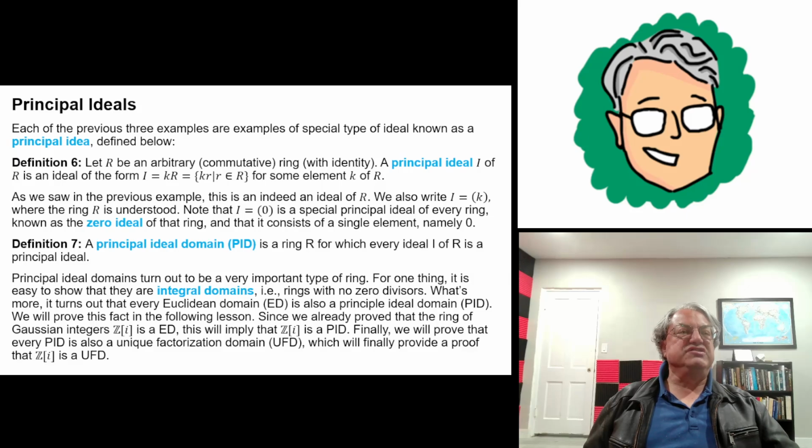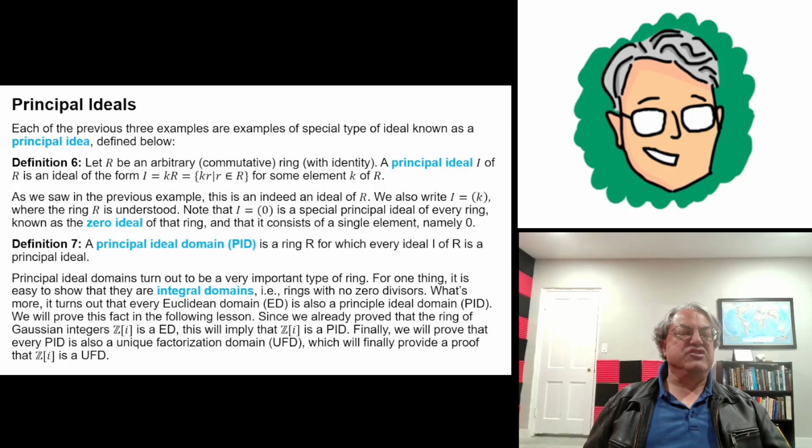We start with a commutative ring with identity, which we call capital R, and then we take an arbitrary element, little k, of capital R, it could be 0, and we say that a principal ideal is an ideal of the form little k times capital R for some element little k of capital R. That's how we define a principal ideal.